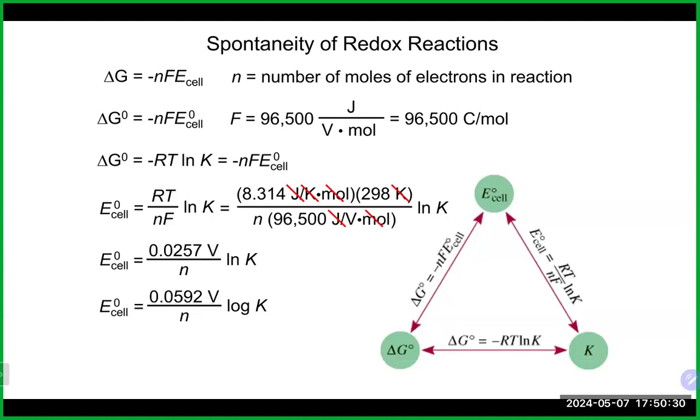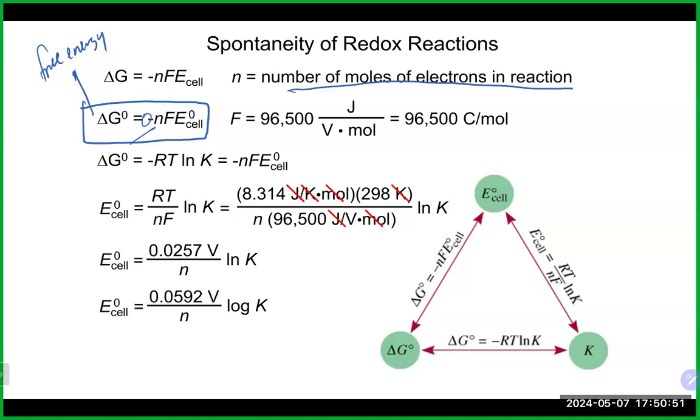All right, so the first really important equation is the top one, whichever one you like. That's our delta G, our Gibbs free energy, equals negative nFE. n is the number of moles of electrons in a particular reaction.